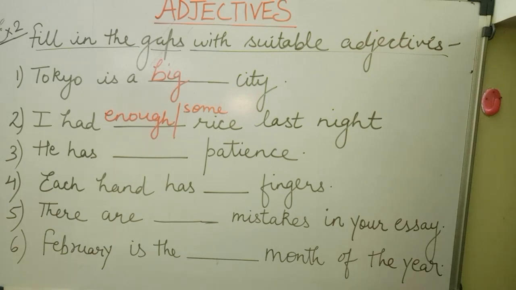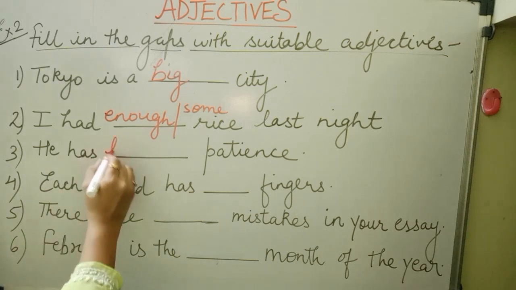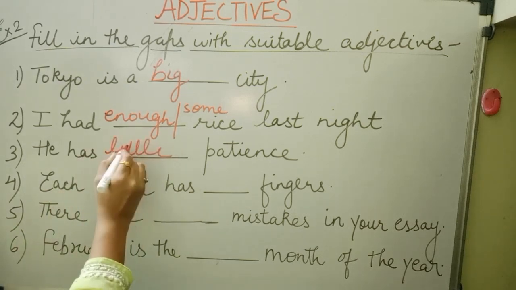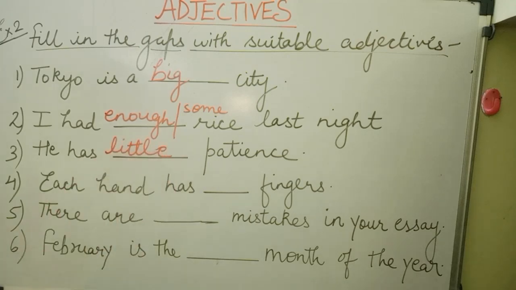So any adjective of quantity can be used. Then third sentence says he has dash patience. Now he has less patience, or you can say little patience. Little is again adjective of quantity.